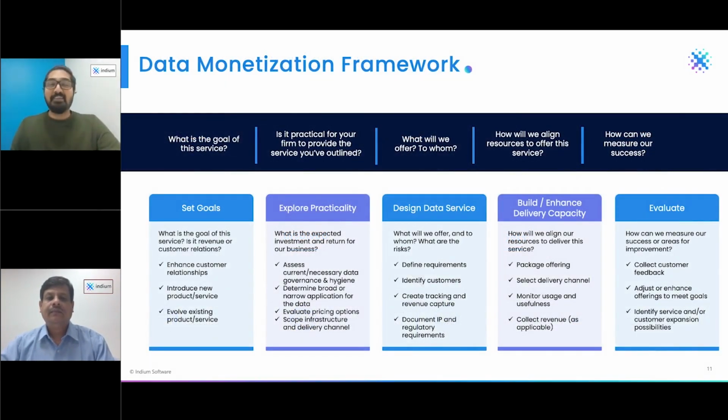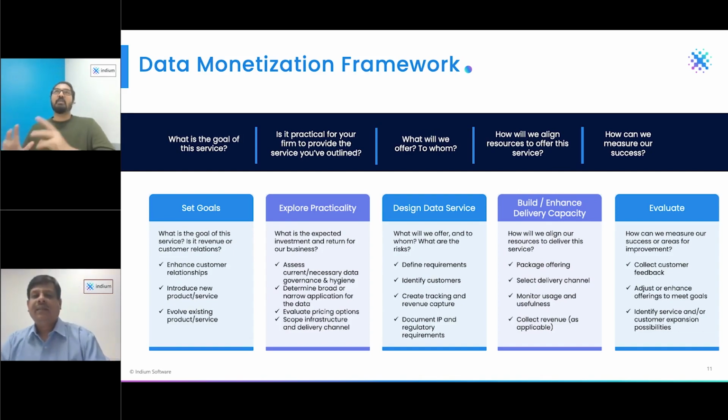Like any other work that we do, a framework ensures that we do a good job of getting to the target. Like we looked at the strategy, the framework is basically calling out some of those tenets and ensuring that you have a check mark on all of these things. So the framework is basically setting things up for you.